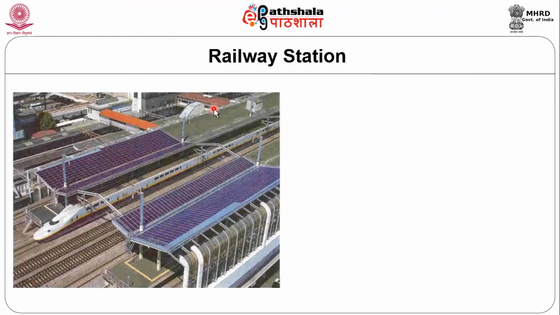And in railway stations, we can have solar PV panels upon the roof of the shed. Here is a station, there is the roof, and upon that solar PV panels are fixed and generate electricity. Maybe it is useful to operate the signals and even for other end uses.